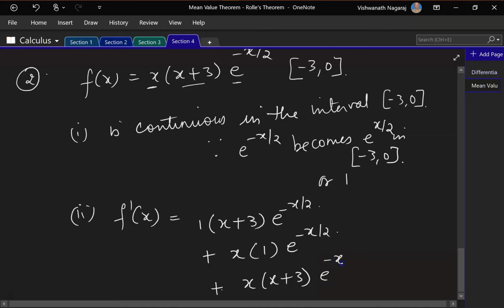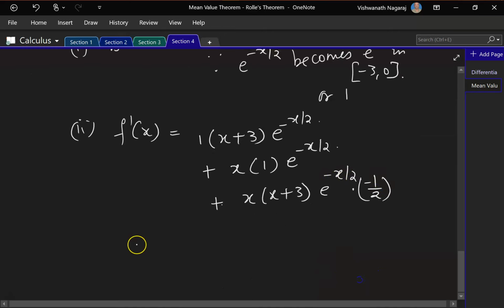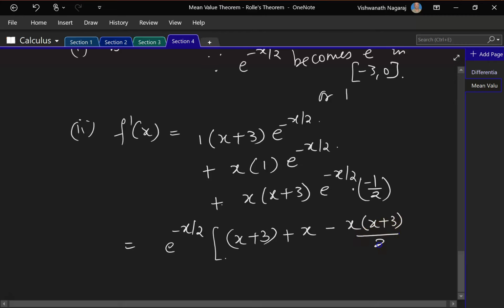So e to the power of minus x by 2 times minus 1 by 2. Okay, now here if you notice, e to the power of minus x by 2 is common, so let's take it out. Now x plus 3 plus x, now this minus we can bring it to the front, so minus x times x plus 3 by 2. Yes.